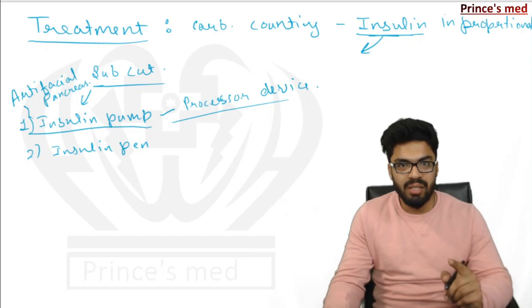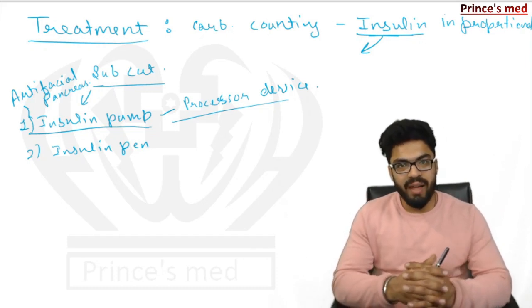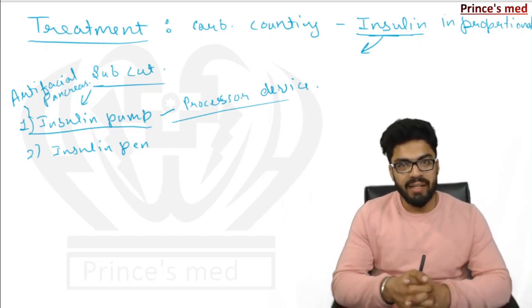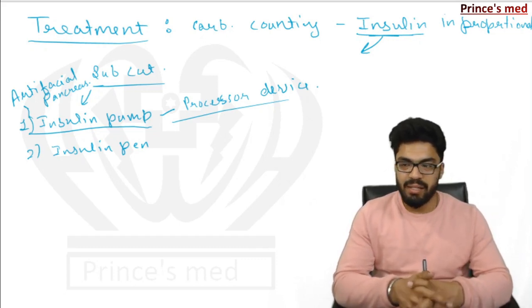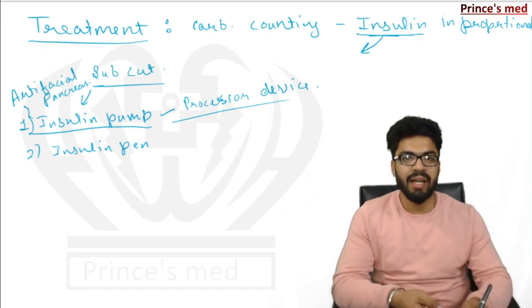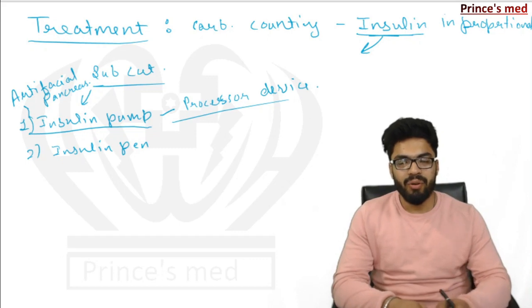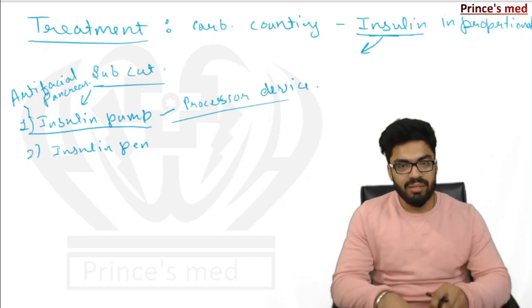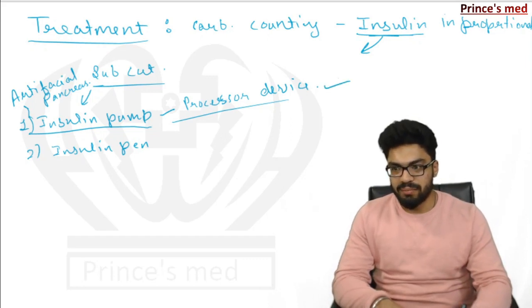We have one option here, that is the bolus insulin, which is secreted by this device 25 to 30 minutes before the diet intake, which time is set in this processor by us. If a person takes a diet at 2, we set the time in this device, and 25-30 minutes before, like at 1:30 or 1:35, this processor starts to secrete bolus insulin, and this is the best method.